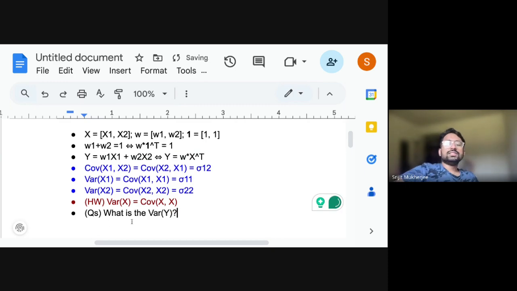This is the question because that measures the risk, right? That is the risk definition.